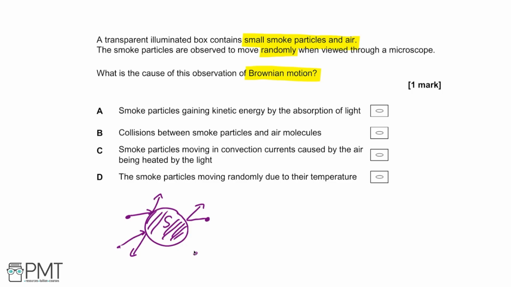Through Newton's third law, that also means that there is a force exerted on the smoke particle. What that means is that this smoke particle is constantly jiggled about. As a result, what you observe is the random motion that they talk about in this question. Therefore, the cause of this observation is collisions between the smoke particles and air molecules.